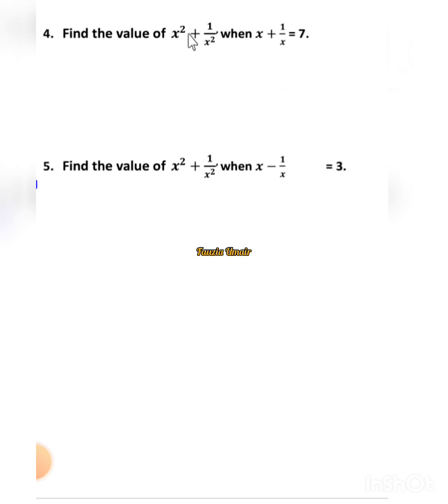So basically this is a very special case where one number is the reverse, or the inverse, of the other. So what does that mean? That means if I multiply x with 1 by x, my answer is 1.